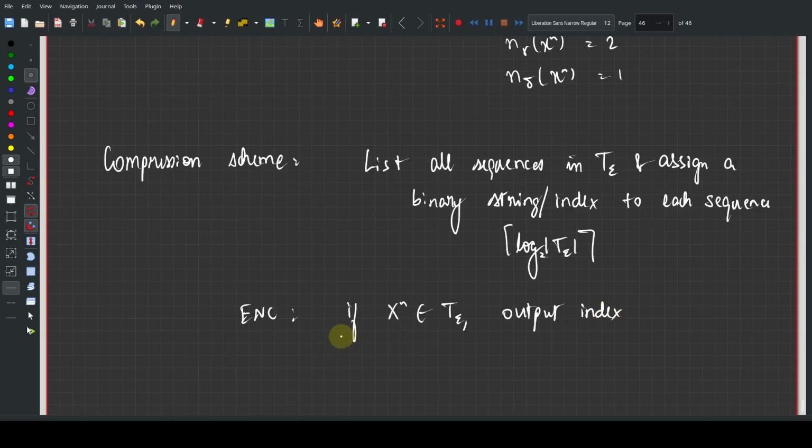And if not, it doesn't matter, you just output the all-zero sequence, say.